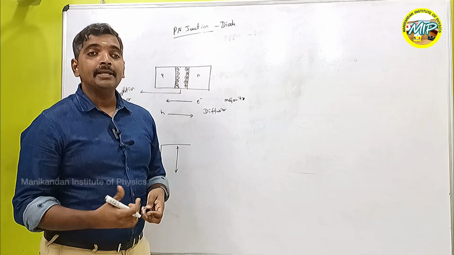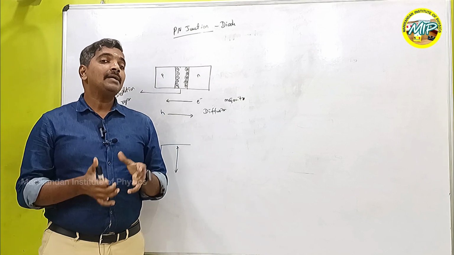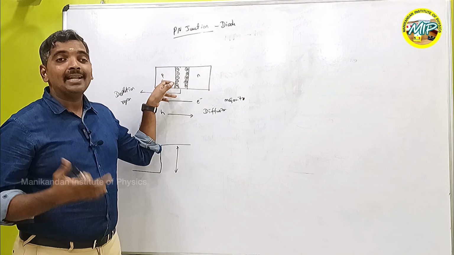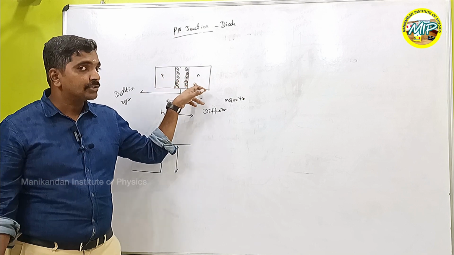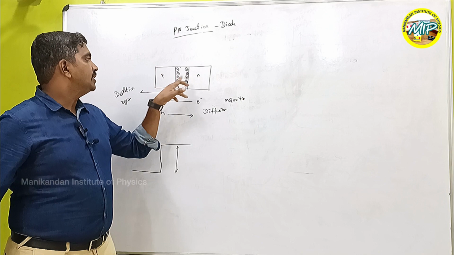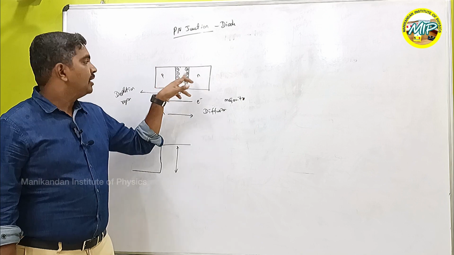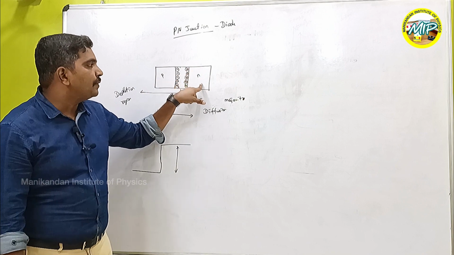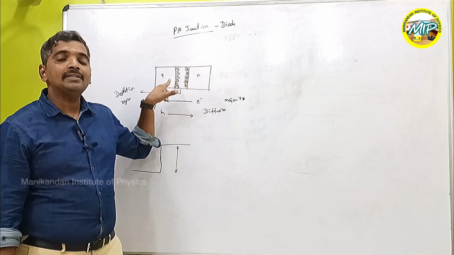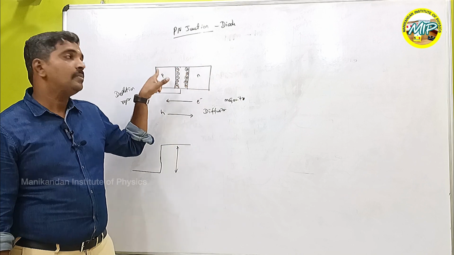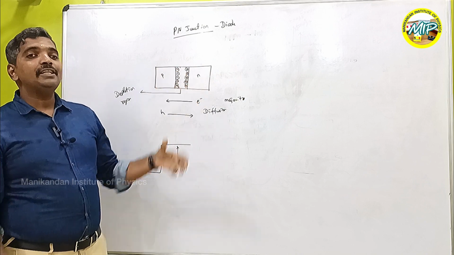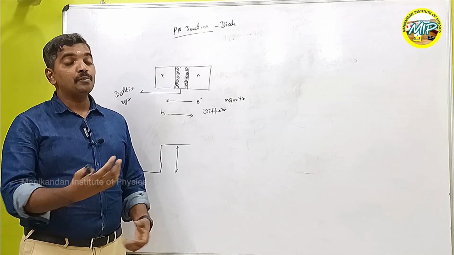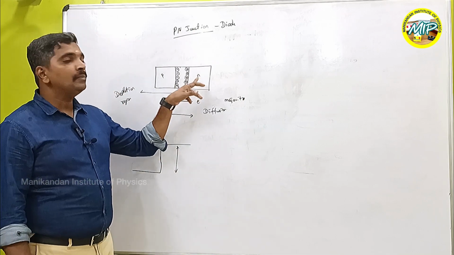Why? Because once the system attains equilibrium, the number of electrons moving from here to here is equal. For example, initially here we have 100 electrons and here 0 electrons. If 50 electrons have moved and the 51st electron starts moving from here to here, this side becomes a high potential and this becomes a low potential, because electrons do not move from lower to higher potential.